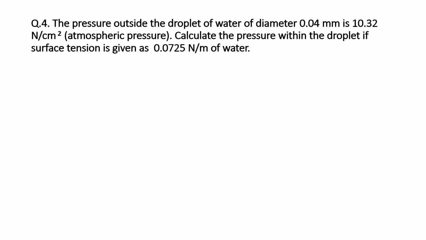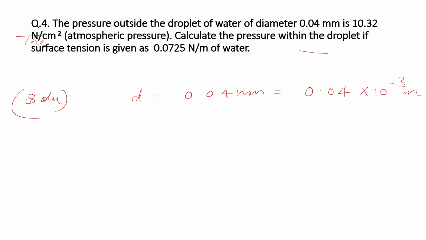The fourth question is based on surface tension on a liquid droplet. So in the question, first we have been given the diameter of the droplet, that is 0.04 mm, and we will convert it to meters, and the pressure outside the droplet, right? The pressure outside the droplet is given as 10.32 Newton per centimeter square.